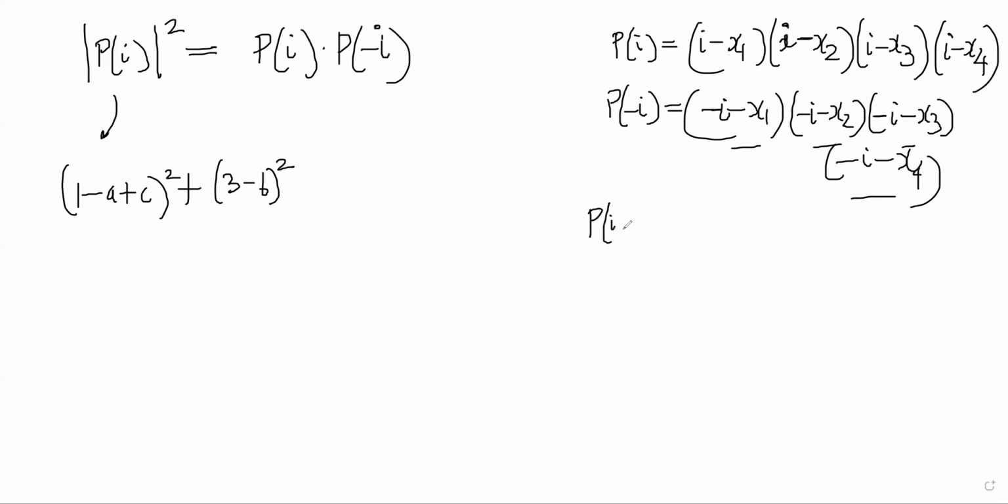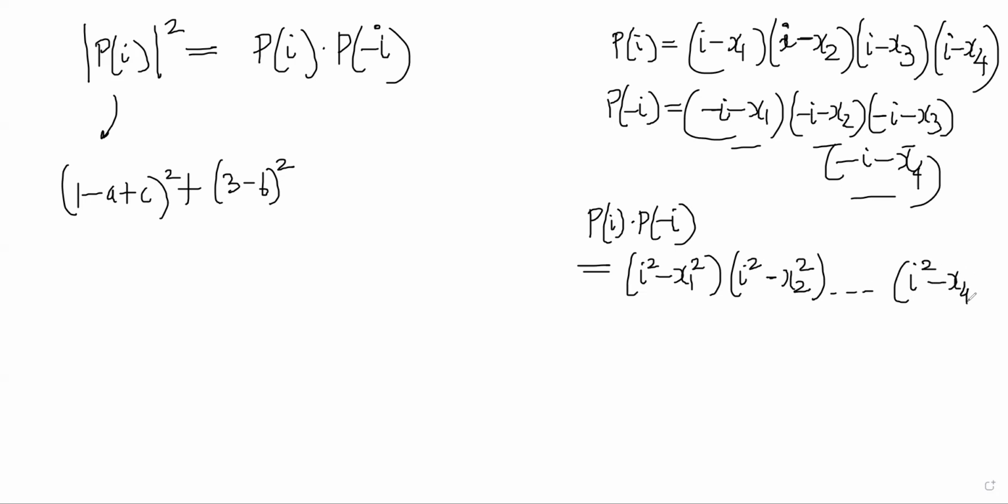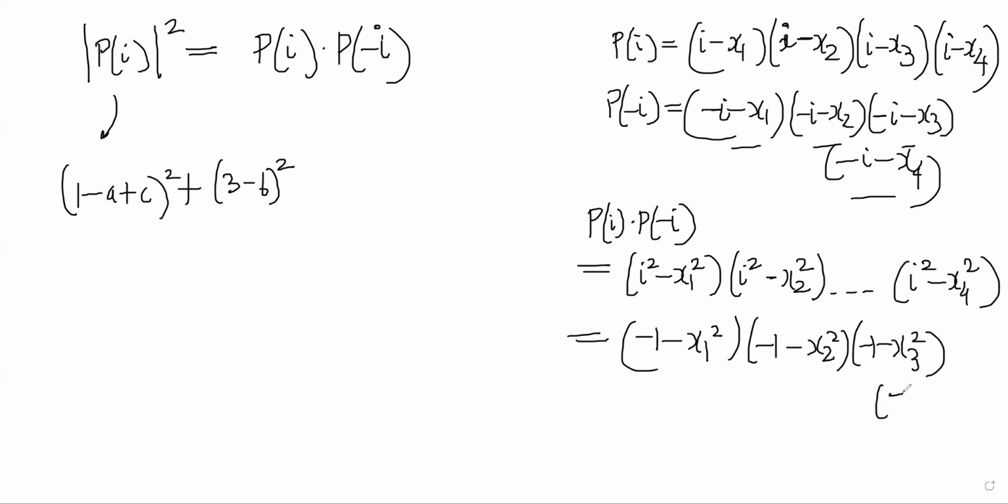So the product of p of i times p of minus i is equal to (i plus x1) into (i minus x1). So it is (i square minus x1 square)(i square minus x2 square), and similarly (i square minus x4 square). And i square is -1. So -1 minus x1 square, -1 minus x2 square, -1 minus x3 square, and finally -1 minus x4 square.